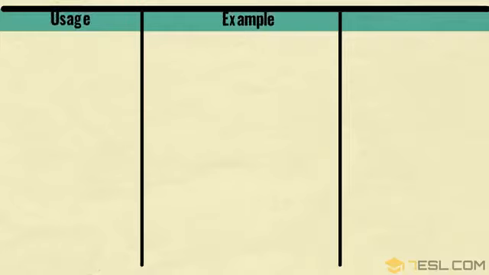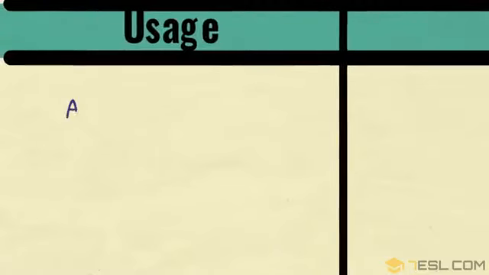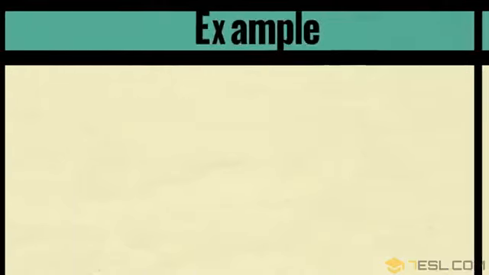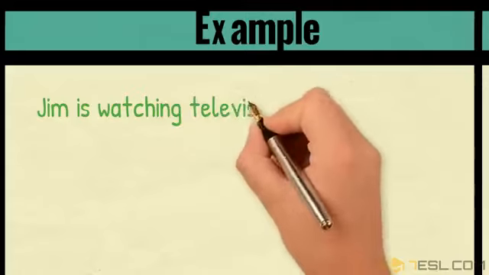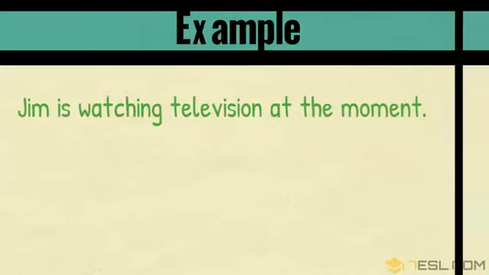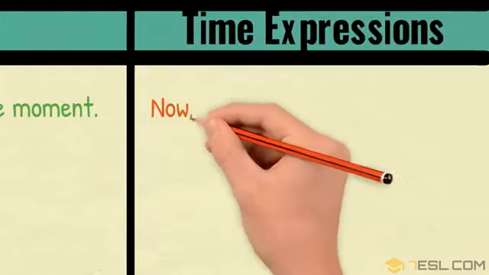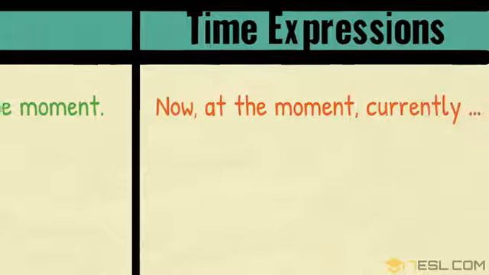Usage. Example. Time expressions. Action happening now: Jim is watching television at the moment. Now, at the moment, currently.